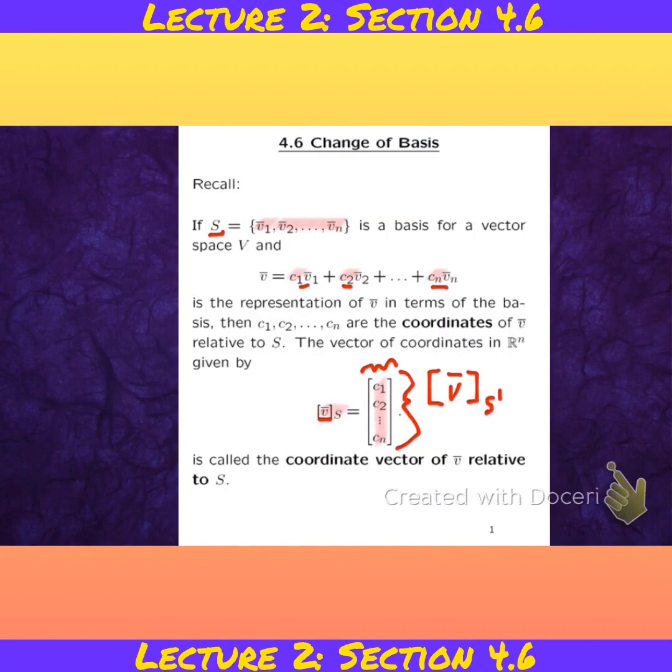Then it turns out you can use this vector to obtain this vector and vice versa. This is the application: we can jump from basis to basis and find coordinate vectors with respect to different bases. If I already have the coordinate vector for one basis, then I can find the coordinate vectors of the vector v with respect to other bases.